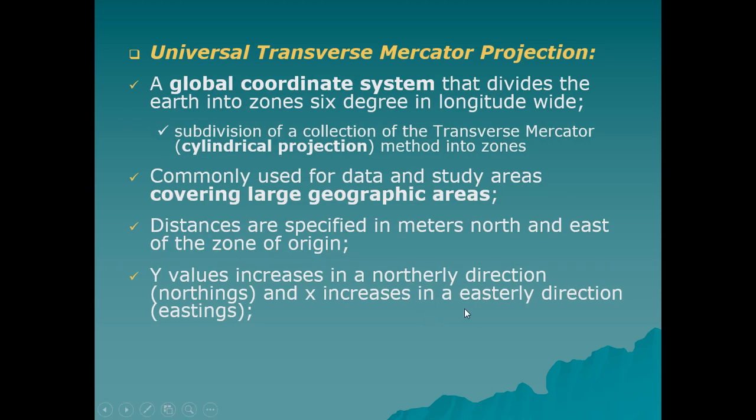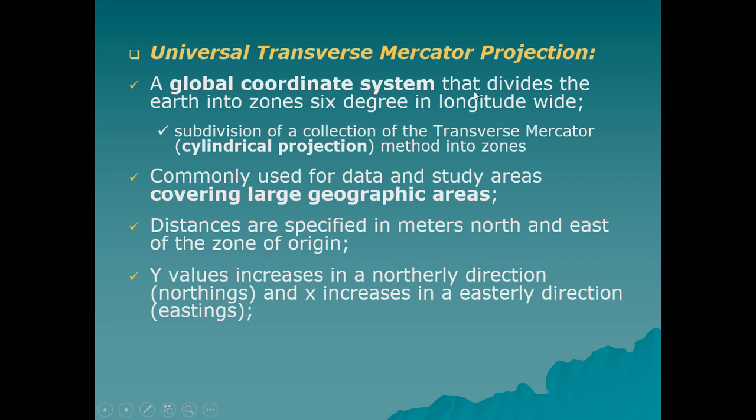Then we have our Universal Transverse Mercator projection. Now, the Universal Transverse Mercator projection, this is a global coordinate system. All right, the UTM projection is a global coordinate system. Remember, the coordinate system allows us to identify exact locations.